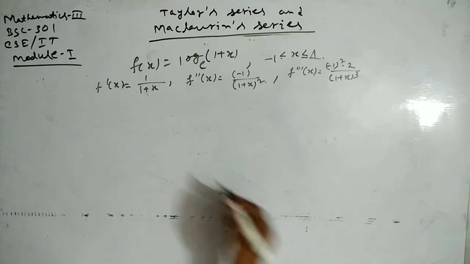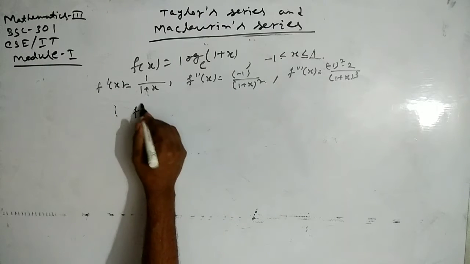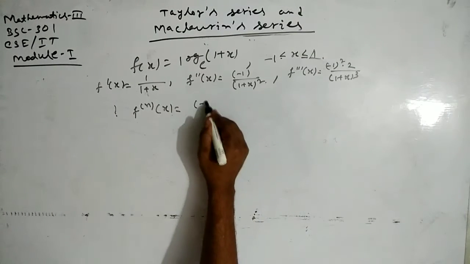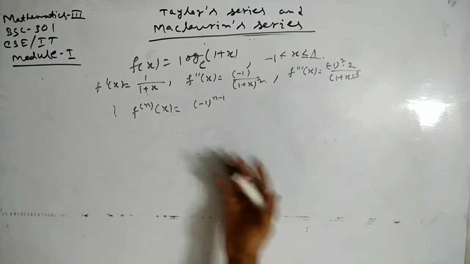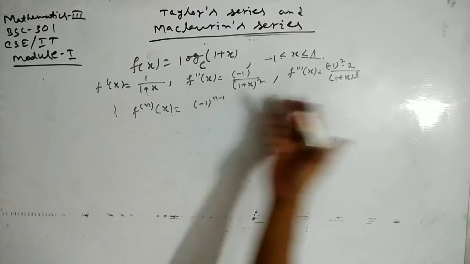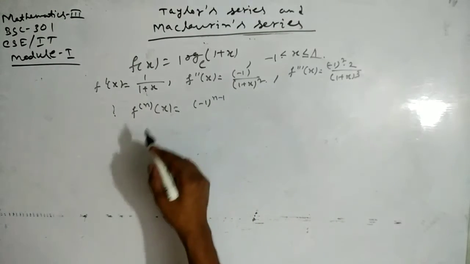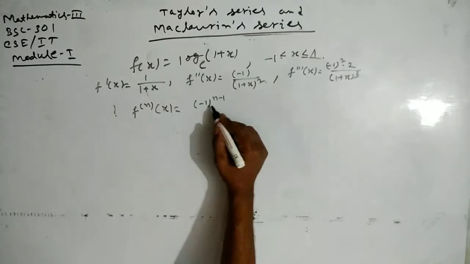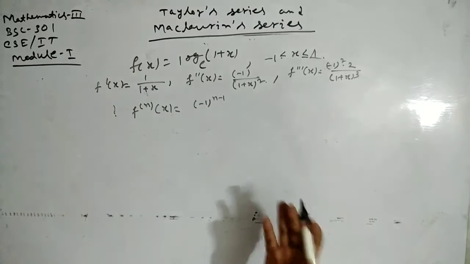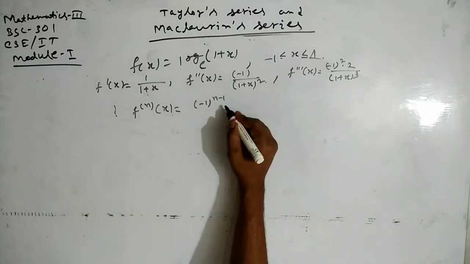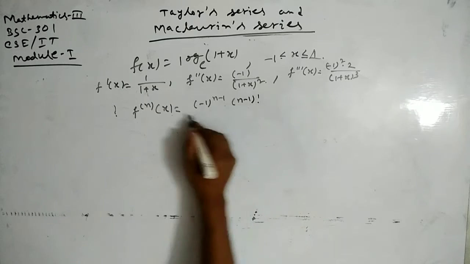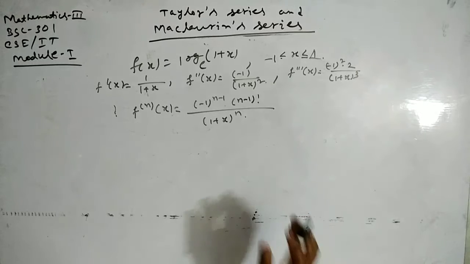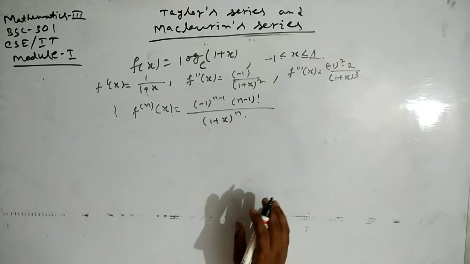In this way, if you see the pattern, fn x, the nth order derivative of fx, will be -1 to the power n minus 1 into n minus 1 factorial by 1 plus x whole to the power n. This is the nth order derivative of fx.